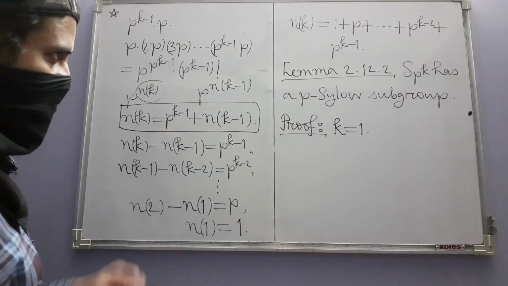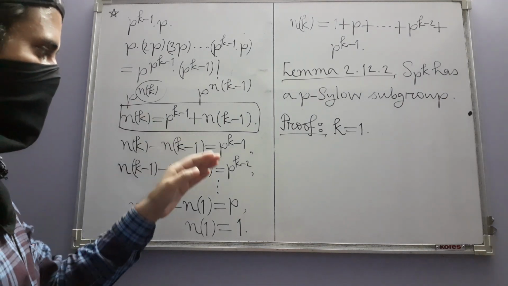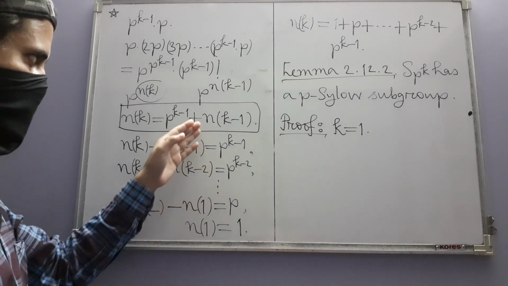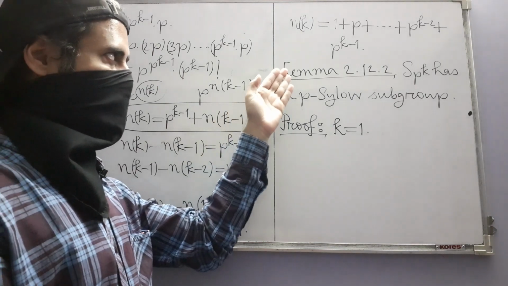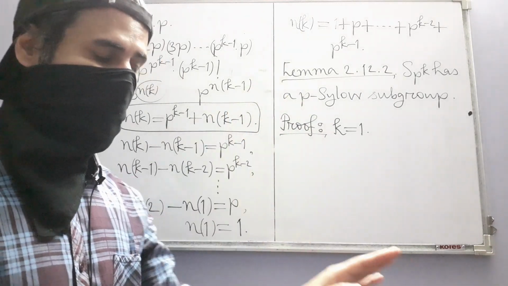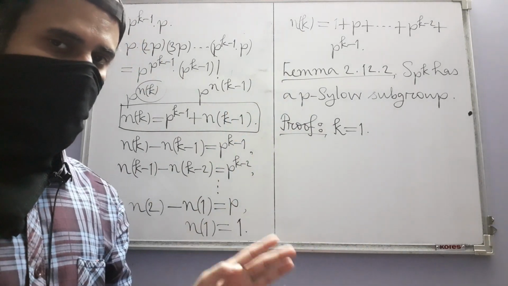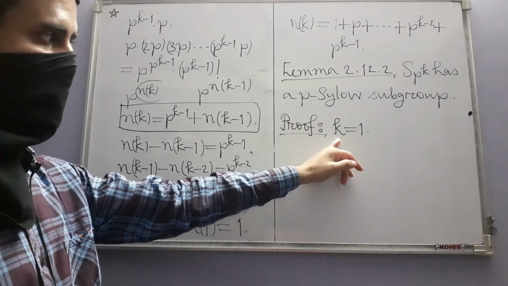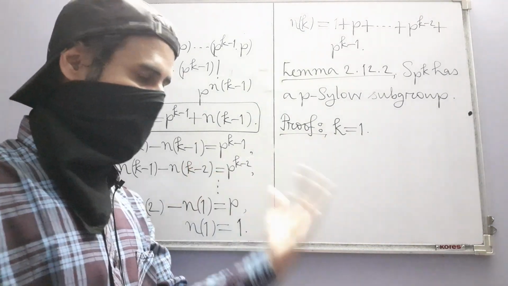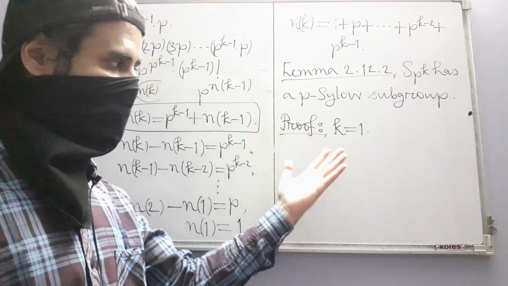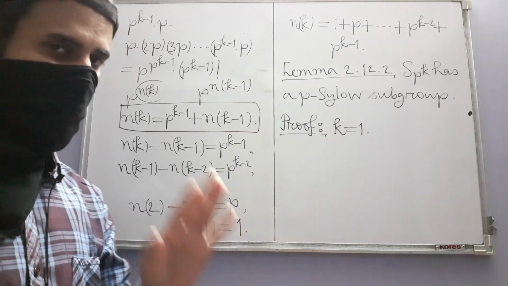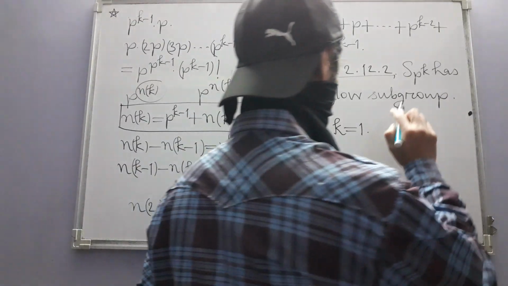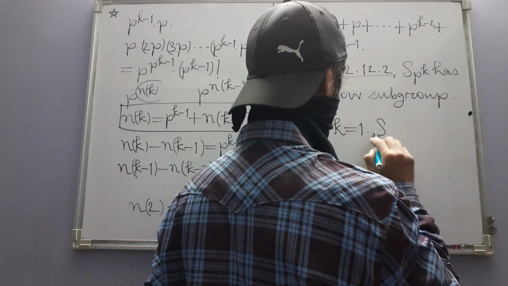Do not wrongly think that the smallest value of k is 2, because here somewhere we handled the case k equal to 1, but that is in the previous proof. Okay, we only disposed of the case k equal to 0 in the very beginning, but k equal to 1 is still there.